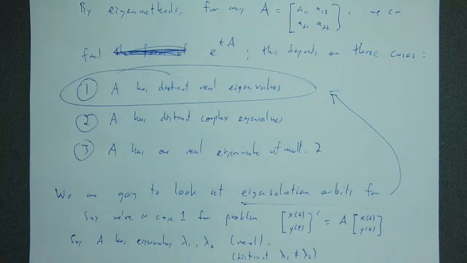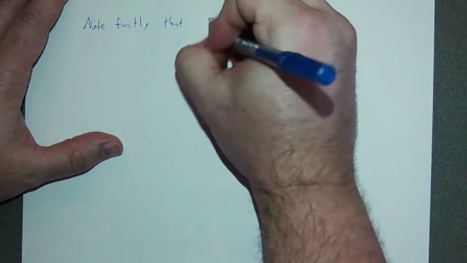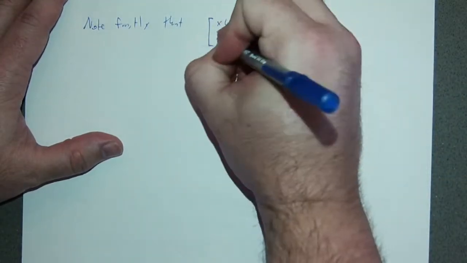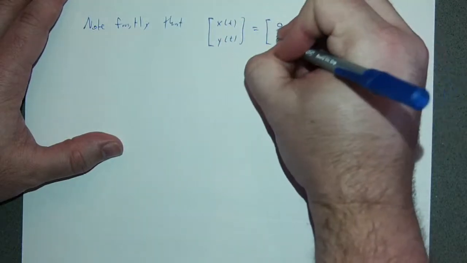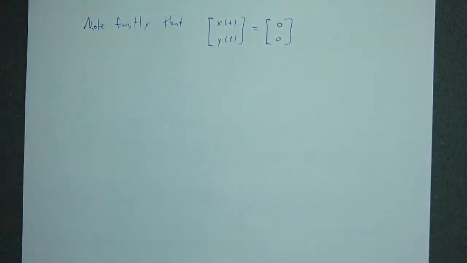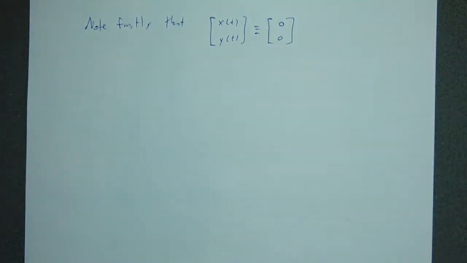Well, what do I want to note first of all? Note firstly that if I take the trivial solution vector, and what I mean by trivial is that they're not just equal to 0 at some t, they're identically equal to the 0 vector.